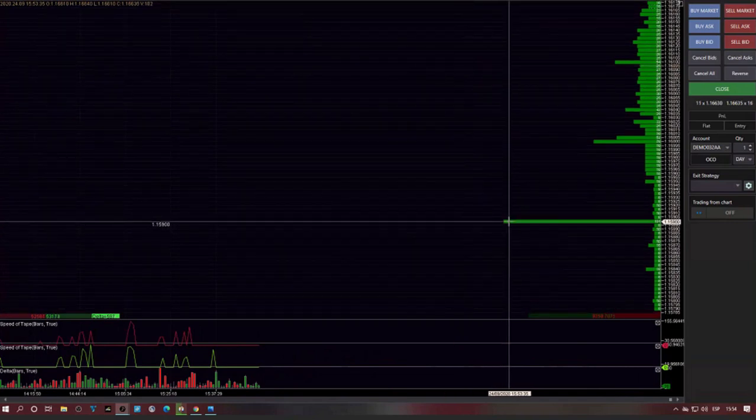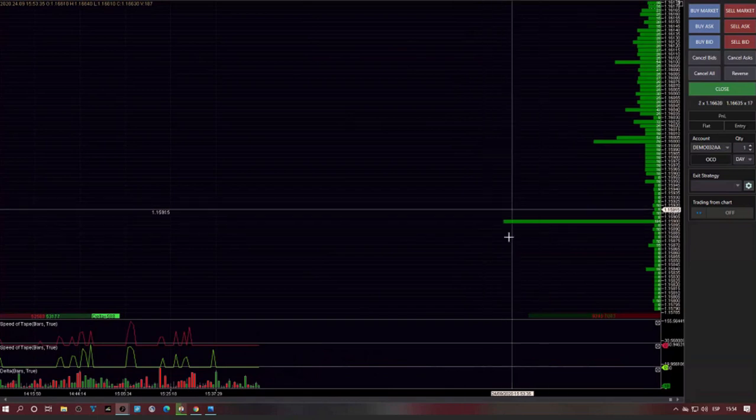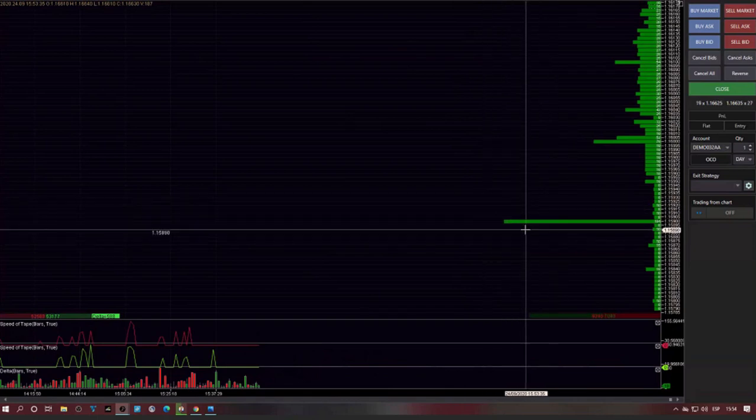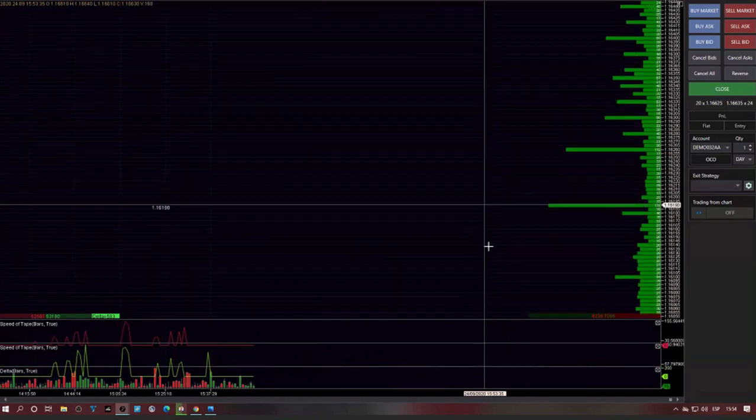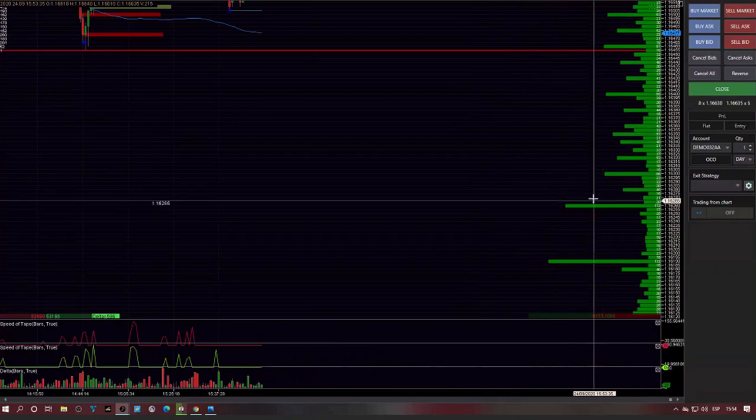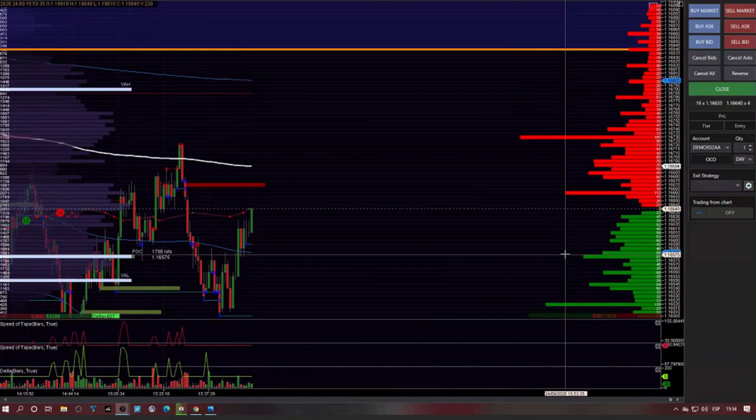It means that somebody else is actually looking at that price level. So it kind of validates what you're looking at. That's a very useful way to use the liquidity information.